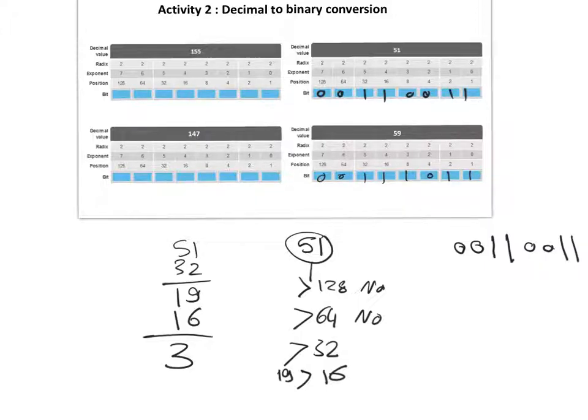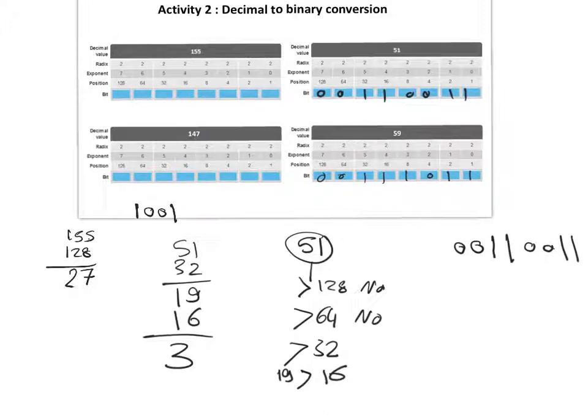اوكي خلينا, so 155 is more than 128, so we put 1 and then we subtract. 8 from 15 is 7, صح, and then 2 from 4 is 2. 27 is more than 64, no. Is more than 32, no. Is more than 16, yes.